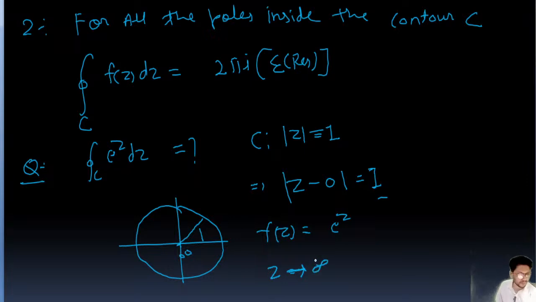If z tends to infinity, the function f(z) is going to be infinity, and at other values it is not going to be infinity. Here the radius is 1, and the function gives infinity only as z tends to infinity.